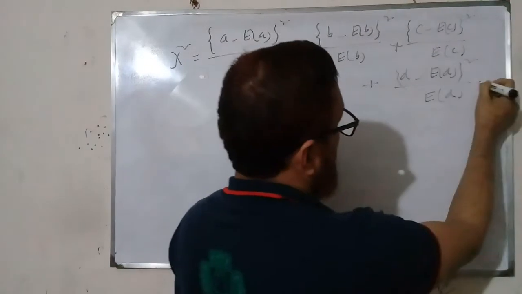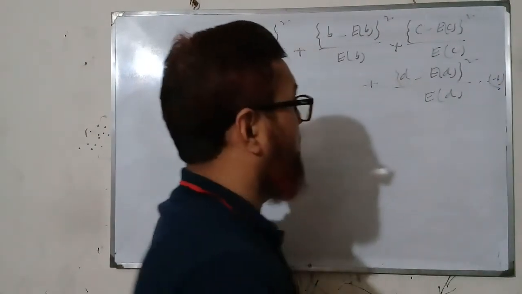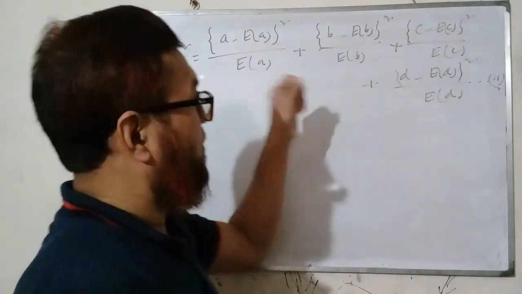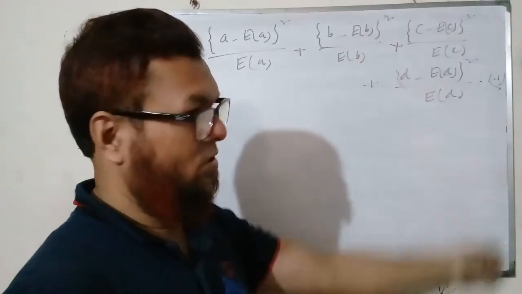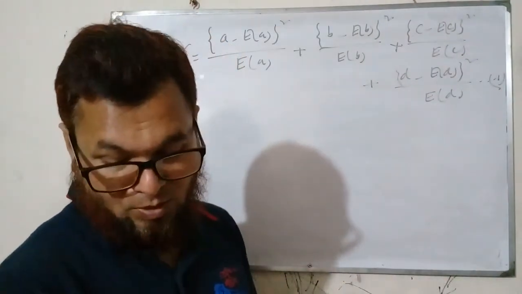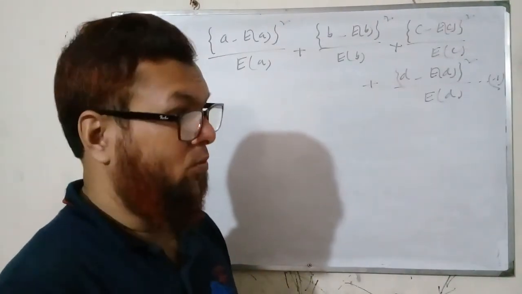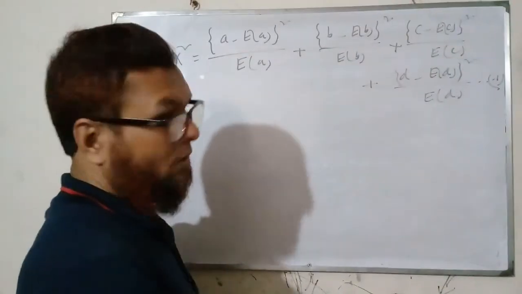This is equation 1. Now we can put the values in this equation to find an expression for the 2 by 2 contingency table.